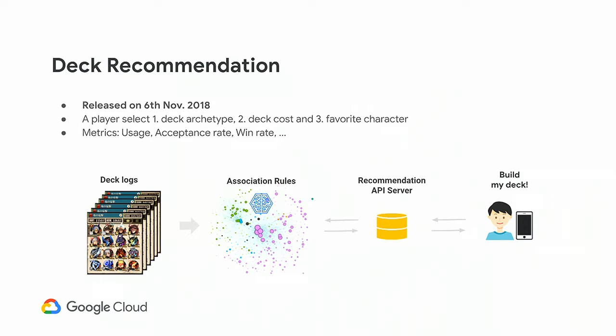With this analysis, we can score the strengths of the relationship across all pairs of characters. If there is a request from the player, the recommendation server responds. It receives a set of characters in the player's box, and it fills all the 16 characters according to the score of association rules.